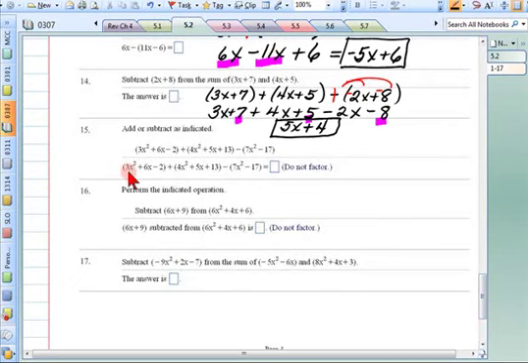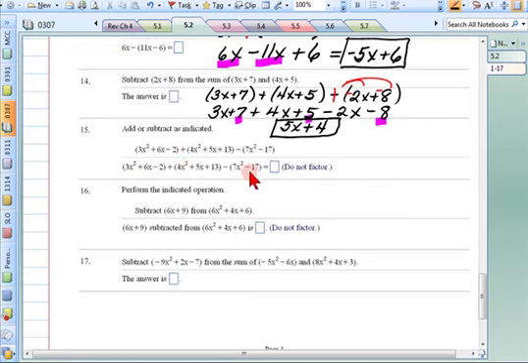I have 3x squared plus 6x minus 2, a plus sign, 4x squared plus 5x plus 13, a minus sign, 7x squared minus 17. So if I'm going to do the addition and subtraction, none of the signs in the first polynomials change.